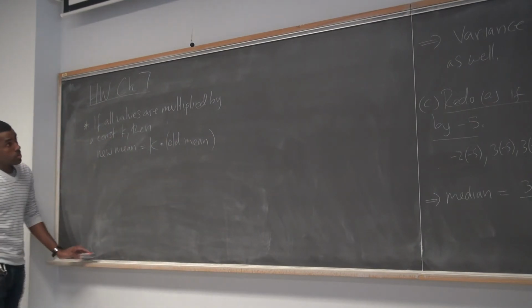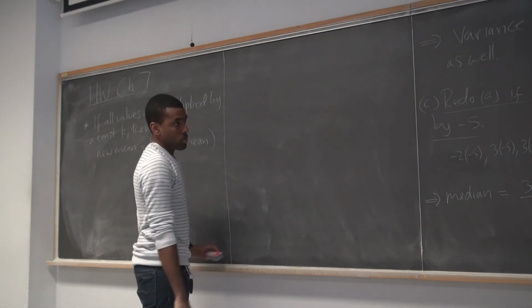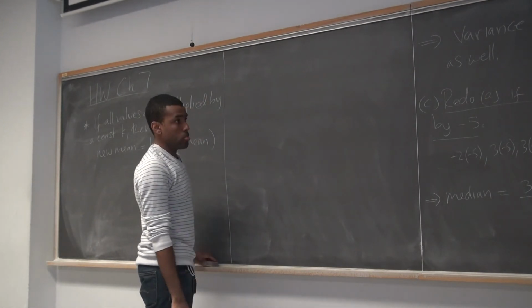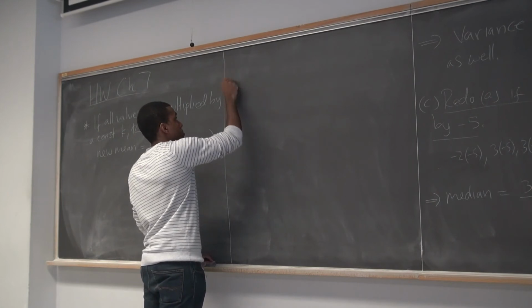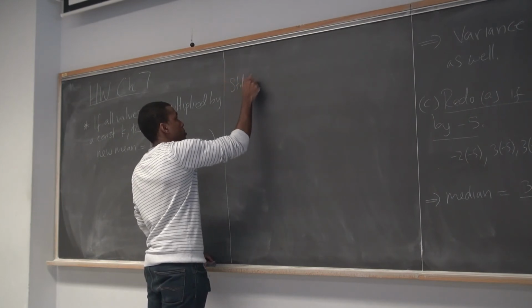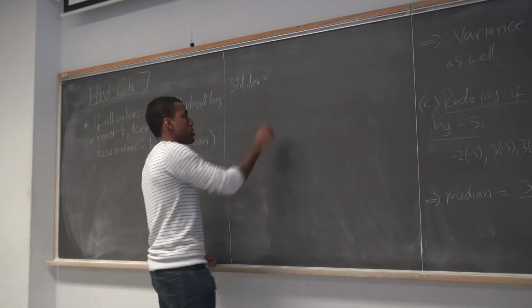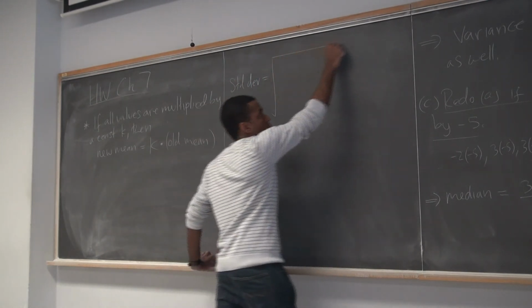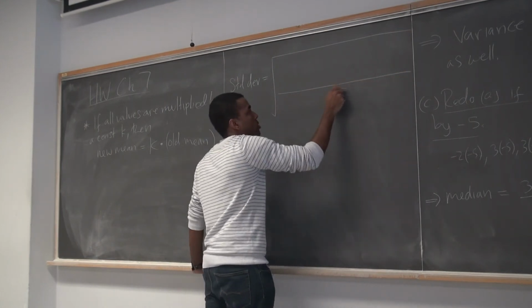General rule. So we did the median, the mean, standard deviation, which we called S. Let's write out the first few terms to figure out how things will change. So here we have over 5.